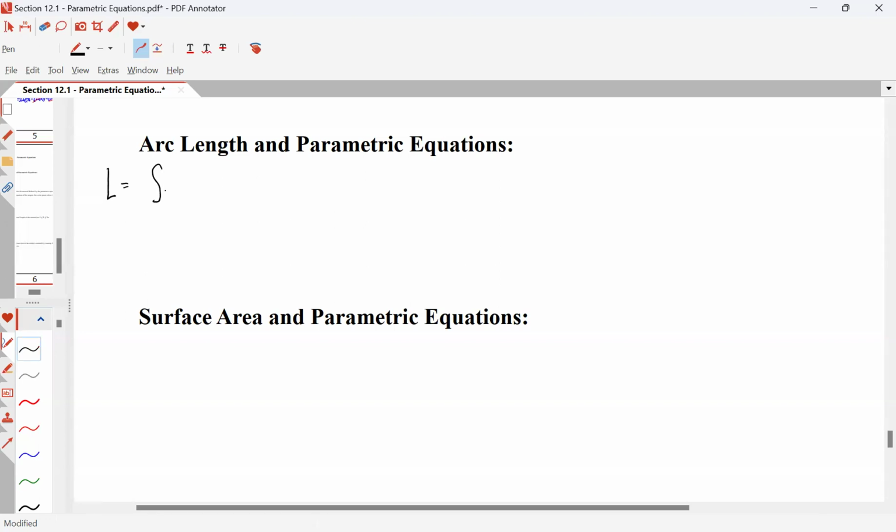that if we wanted to find the arc length in terms of x, we could find the integral from a to b of the square root of 1 plus (dy/dx) squared dx, the derivative squared dx.